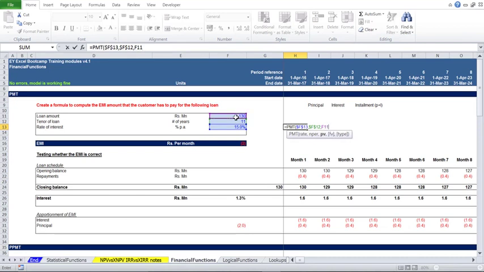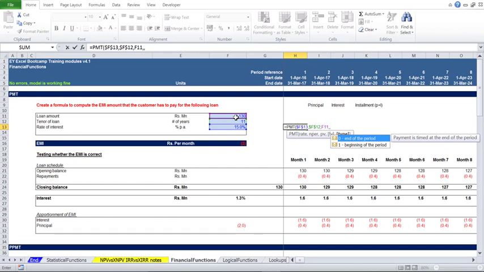The optional arguments, which is FV and type, for now we can ignore. FV refers to the future value of a particular loan, and the type is an assumption of whether the principal repayment will be done at the end of the period or at the beginning of the period.